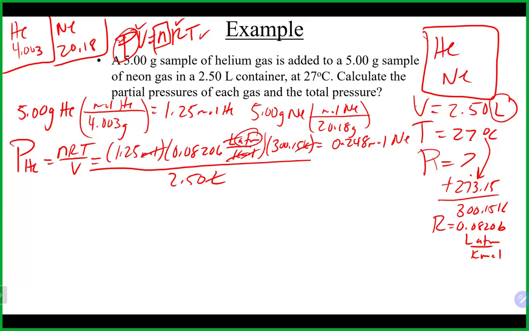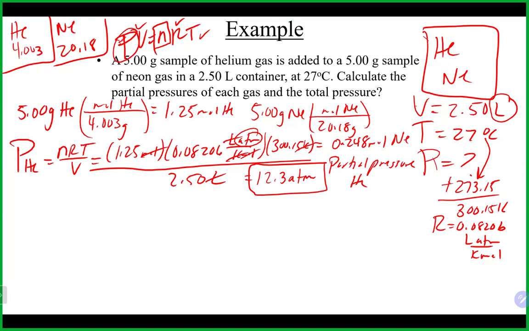It's going to leave us atmospheres, which is good as that's the only unit left, and it is a pressure unit. 1.25 times 0.08206 times 300.15 divided by 2.5 is going to give us 12.3 atmospheres. And this number would represent the partial pressure of helium in this mixture. Any questions on that calculation there?